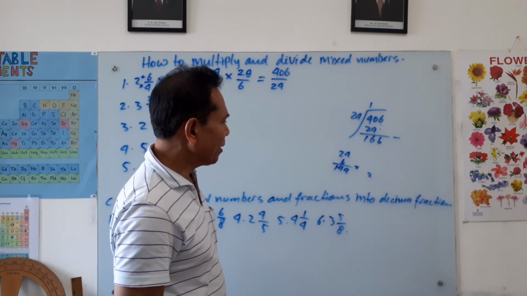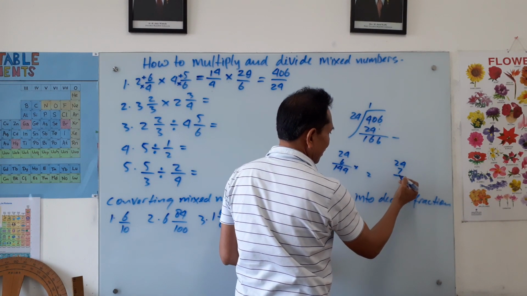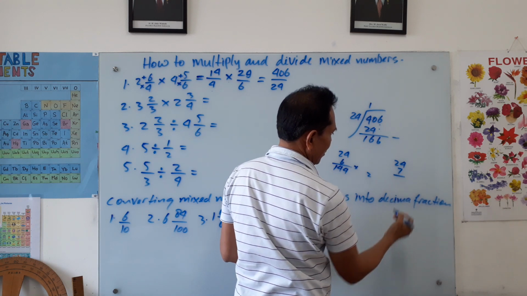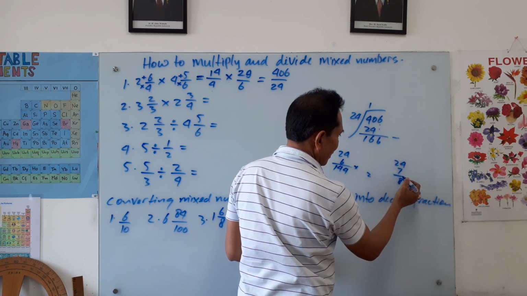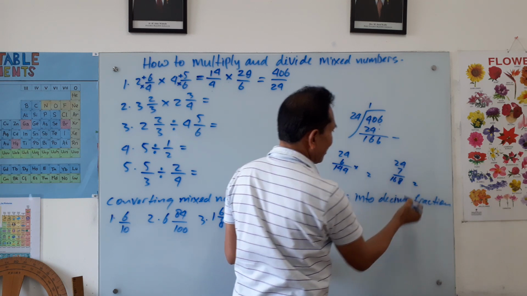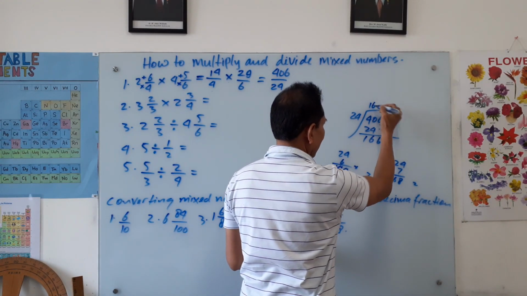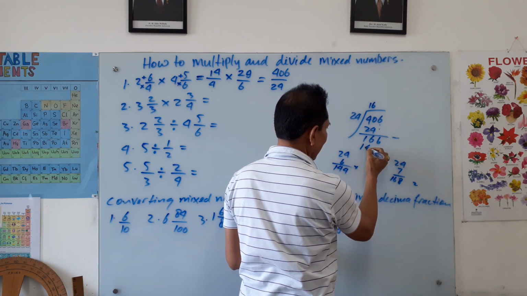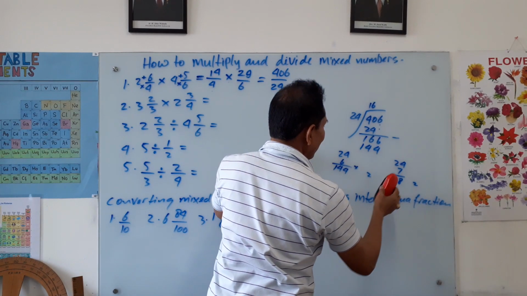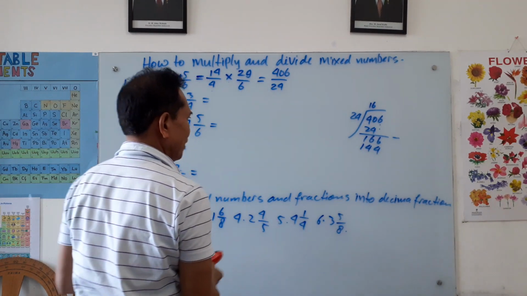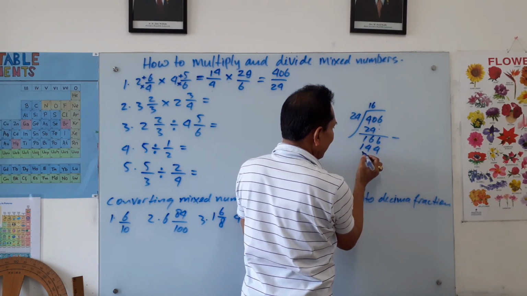Now, if we take 7, can we make it? 7 times 4 is 28, 7 times 2 is 14, 14 plus 2 is 16. No, cannot. So we use 6. 6 times 24 is 144. So we use 6.